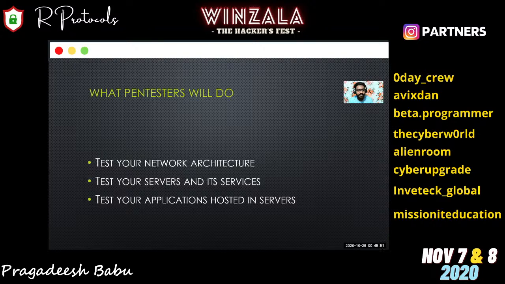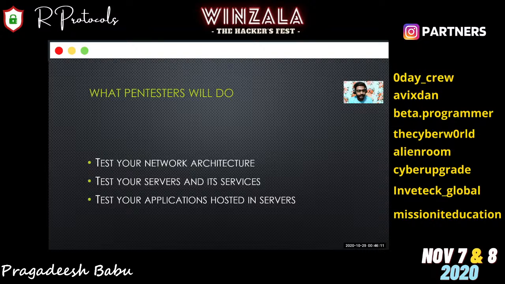The second thing is we'll check servers and their applications. If a server is hosted as a mail server, we will check whether there is any misconfiguration in the servers or any services related to it.